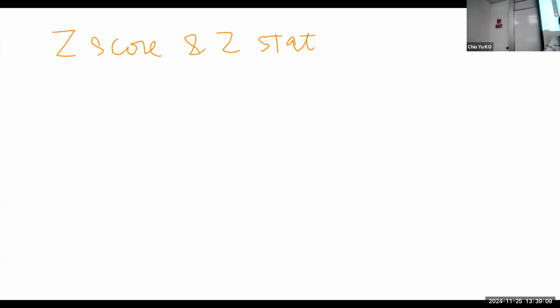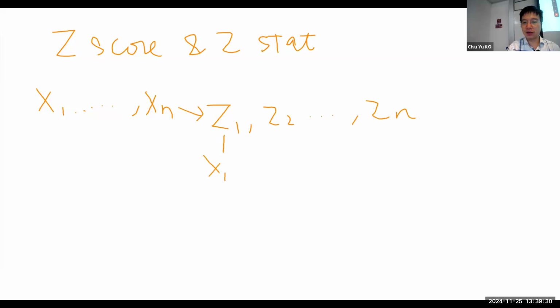Suppose your data are x1 up to xn, the normalized values will be z1, z2, up to zn. How do we do that? Usually z1 is x1 minus X bar over S. You subtract the mean over the SD, and that is the Z-score for each value.